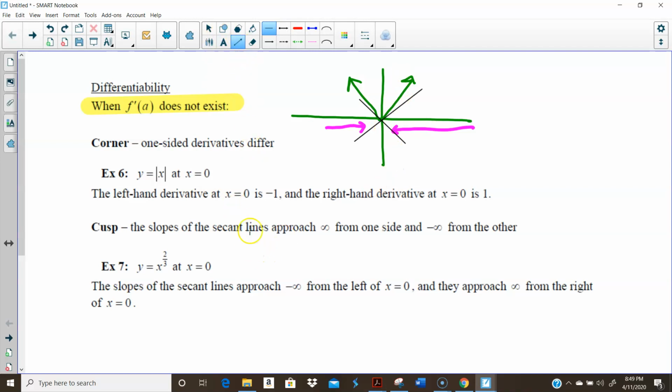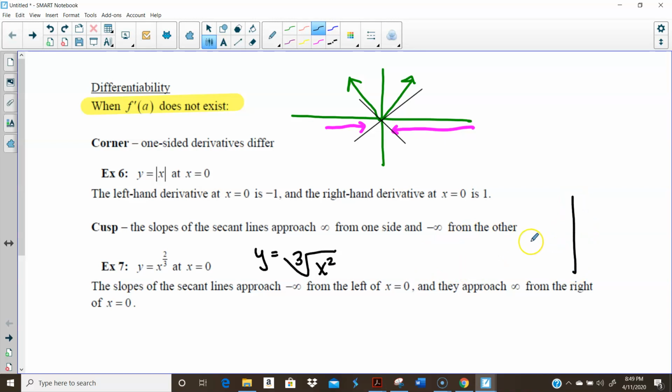Example number 7, y equals x raised to the 2/3. I just want to remind you that that's the same thing as y equals the cubed root of x squared. If you were to graph it on your calculator, it looks something like this, and like this.